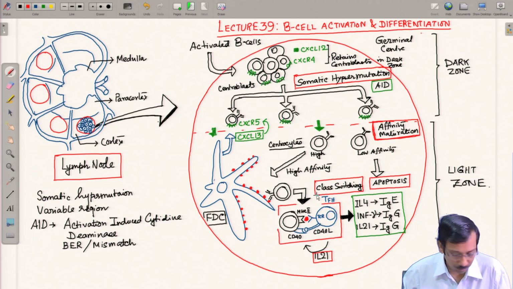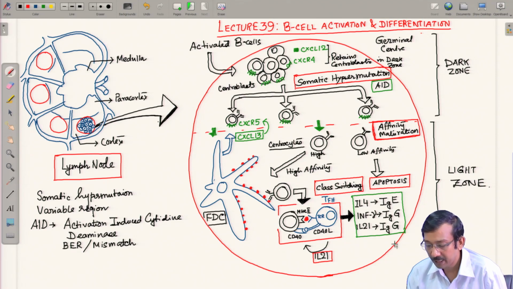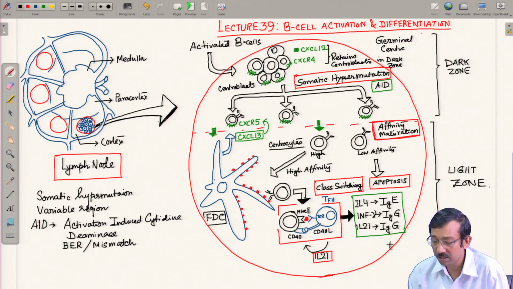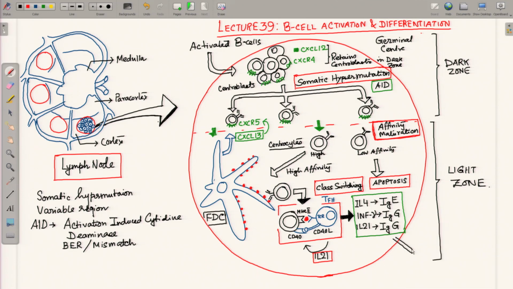Now, after the class switching phenomenon, the last step is that these cells will finally either develop into a plasma cell, or into a memory B cell.